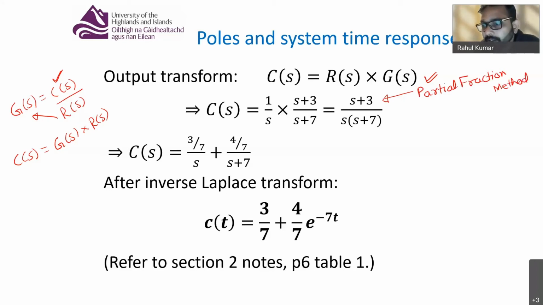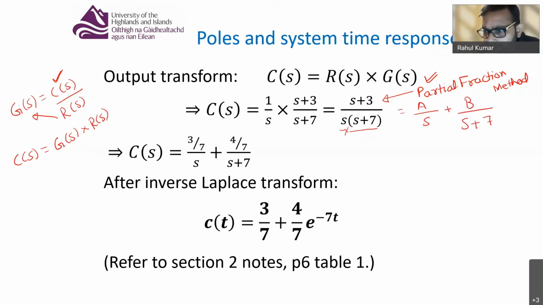In the partial fraction method, you can split the denominator factors which are in multiplication. I can split it something like this: a divided by s plus b divided by s plus 7. Here they were in multiplication, and I've split the denominator so that they are now addition. It's a very well-known method.